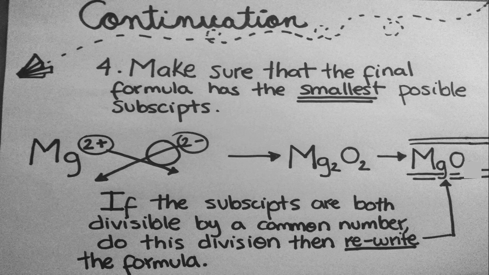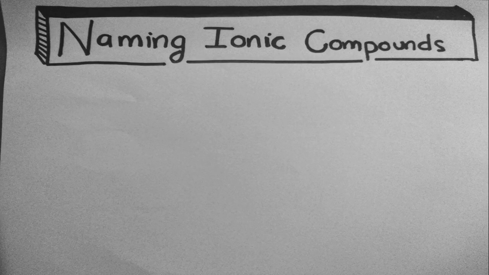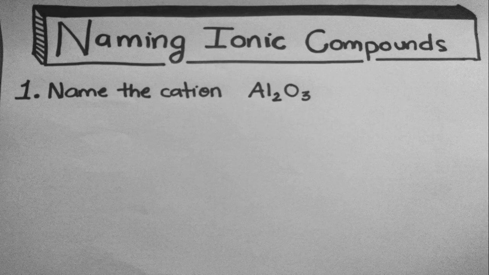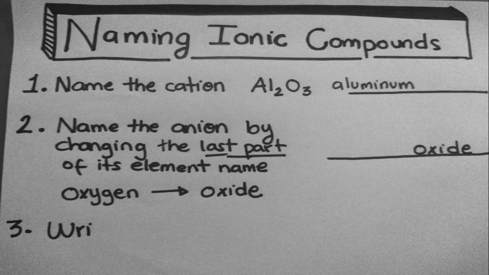Okay? Once we learn how to write the formulas for the ionic compound, we're going to learn how to name them. So the first step is to name the cation. In this case it will be aluminum. Step number 2. Name the anion by changing the last part of its element name.